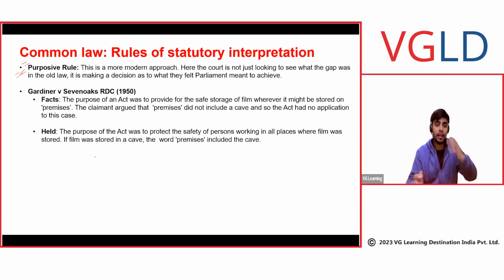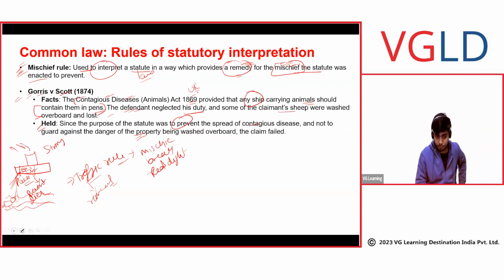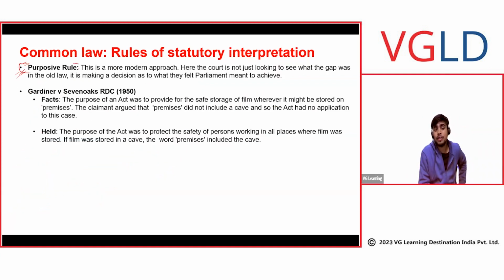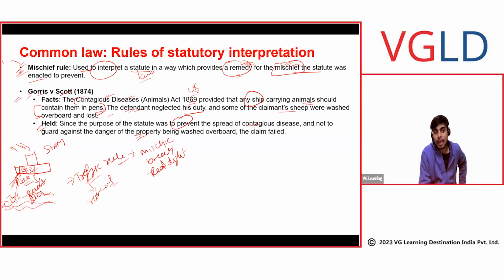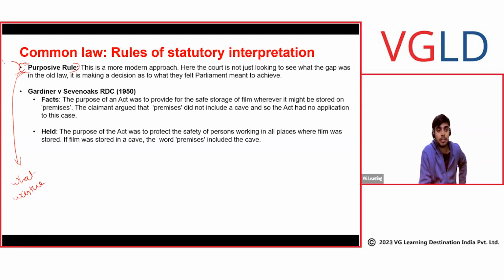Yep, so the purposive rule is basically similar to the mischief rule. What was the purpose that the law was enacted for? Basically this mischief rule is given in your Kaplan, and this purposive rule is given in your BPP.